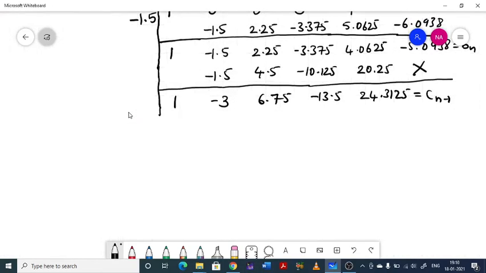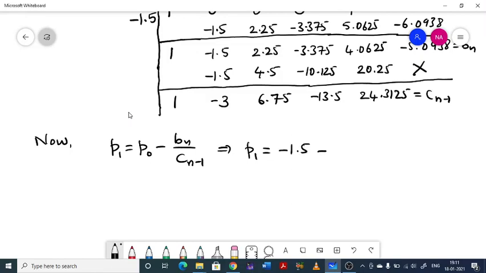Now P1 equal to P naught minus Bn divided by Cn minus 1. So P1 will be P naught, that is minus 1.5, minus Bn, that is minus 5.0938, divided by 24.3125.